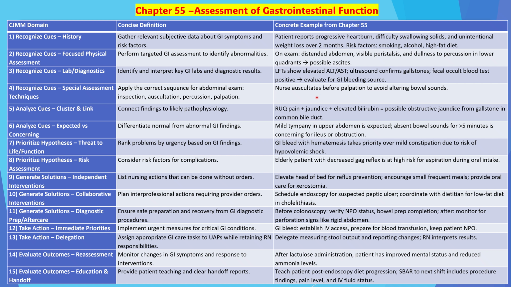If you see here, right upper quadrant pain plus jaundice and elevated bilirubin, possible obstructive jaundice from a gallstone in the common bile duct. I'll go to the next.